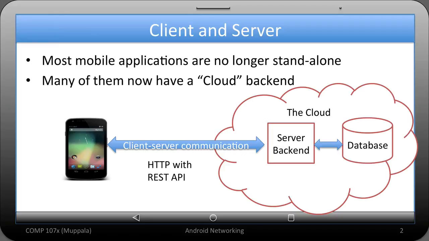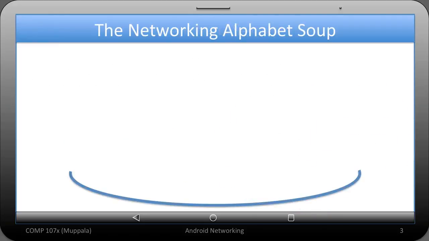Now, when you go into the networking world, you're often blasted with a whole bunch of 3 and 4 letter acronyms. HTTP, the protocol for communicating with the server, has become increasingly the de facto standard for communication between a client and a server. Then when you talk about HTTP, you are not too far away from URLs, the Uniform Resource Locators.